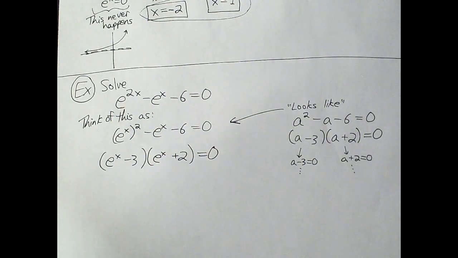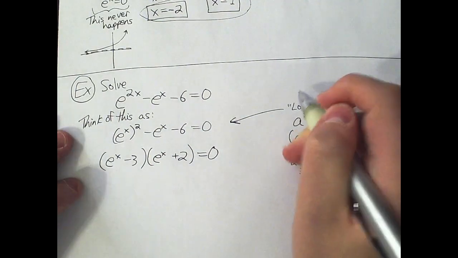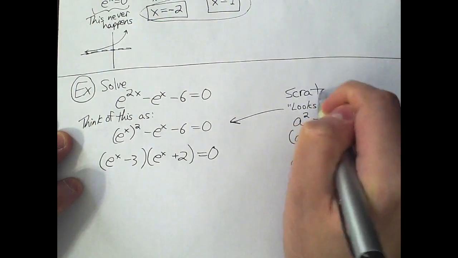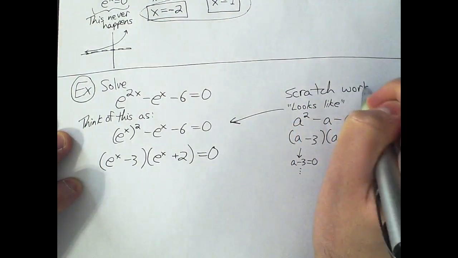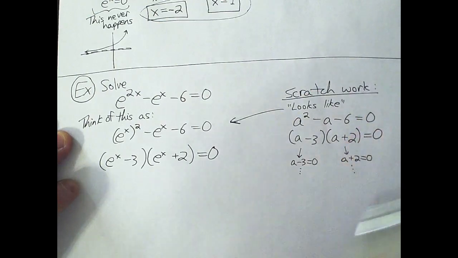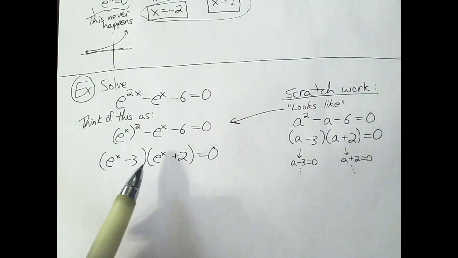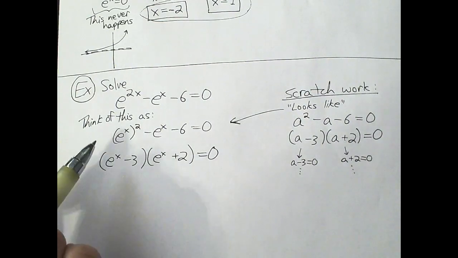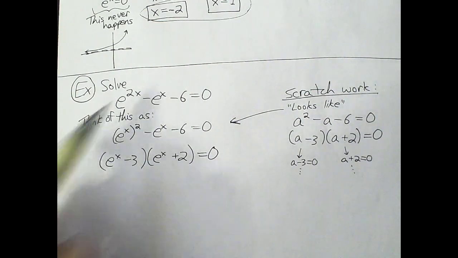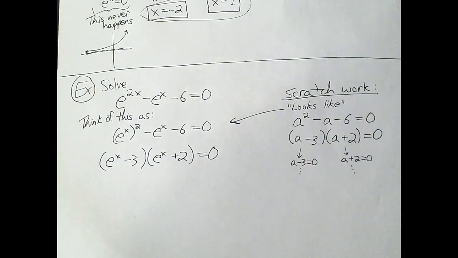The stuff I did to the right was kind of scratch work. Here, I'll label it scratch work. Just explaining my thought process. But yeah, we could factor like this. You could double check that if you were to distribute this, it does equal the previous line. It does equal the original problem.